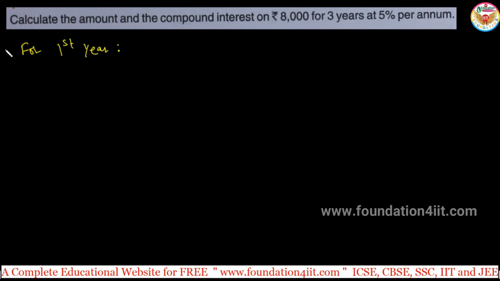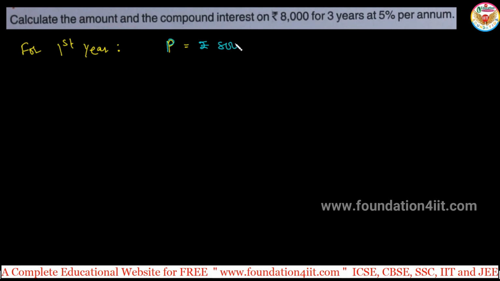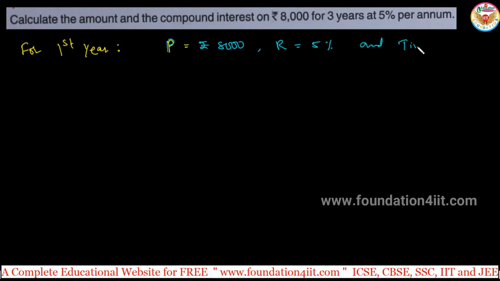For 3 years. So that means for the first year we are supposed to calculate, the principal is, so P value rupees 8,000 and rate percent, so 5%, and time, so time we should take 1 year, total 3 years.